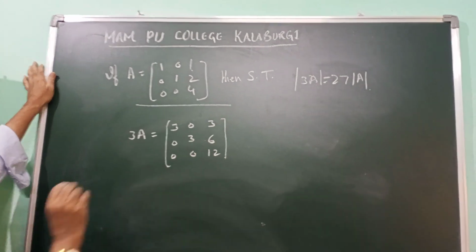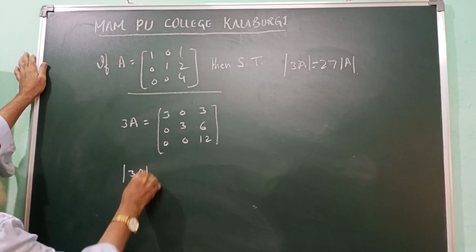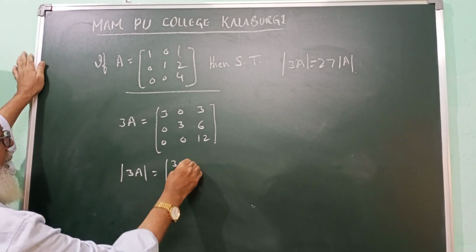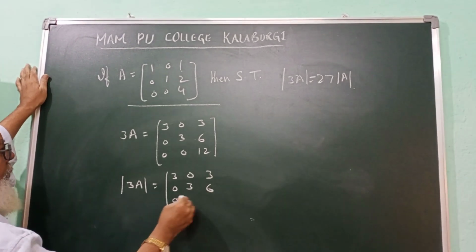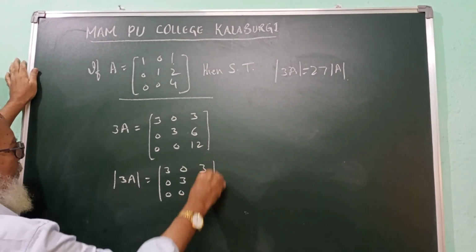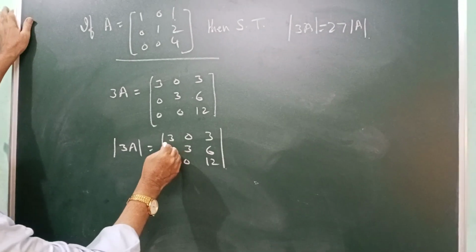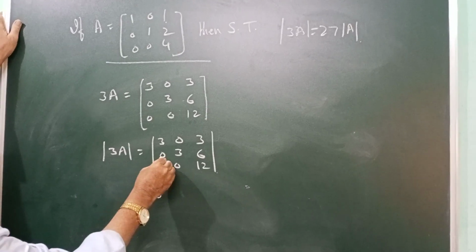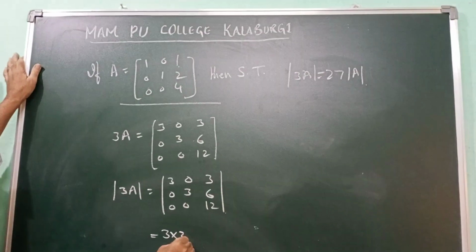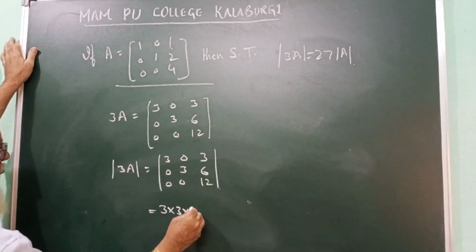Now it is a matrix. We convert it into determinant. So here it becomes the determinant 3, 0, 3, 0, 3, 6, 0, 0, 12. Now look here, we take 3 common from the first row, 3 common from the second row, and 3 common from the third row of the determinant.